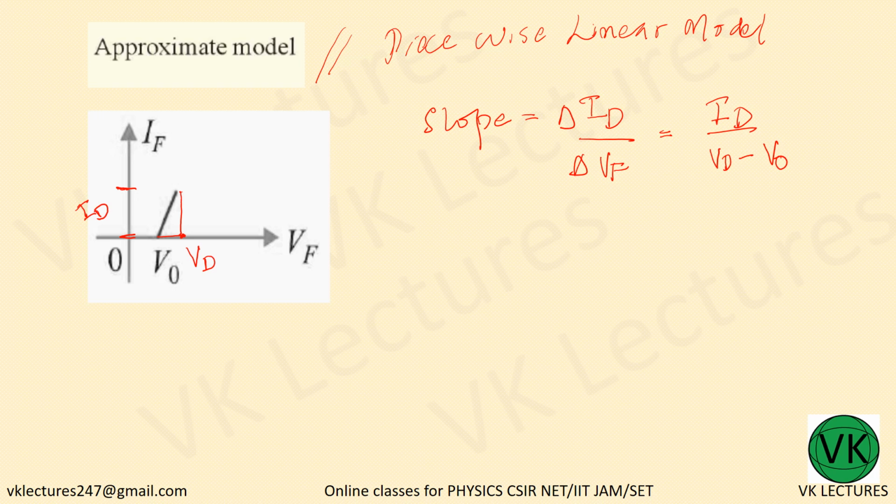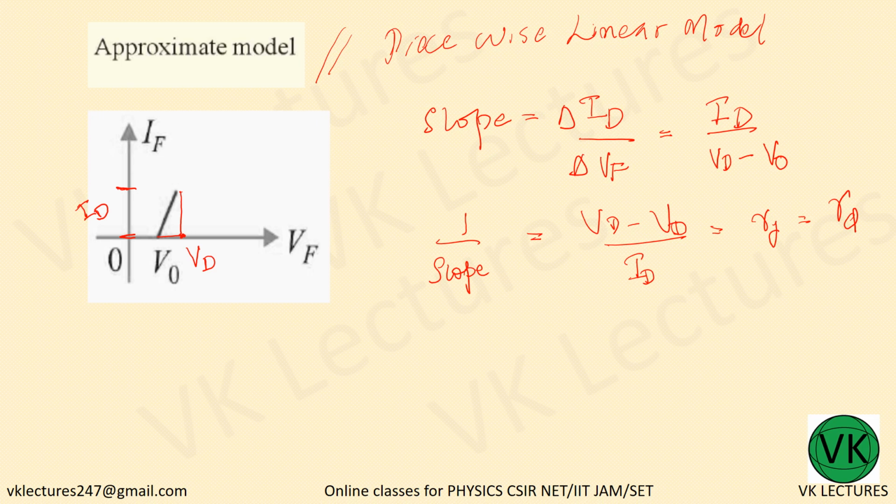Okay. Now, what is 1 by slope? 1 by slope, or inverse of the slope, is nothing but Vd minus V0 divided by Id. That is nothing but our RF, that is forward resistance, or sometimes it is referred to as RD, diode resistance.